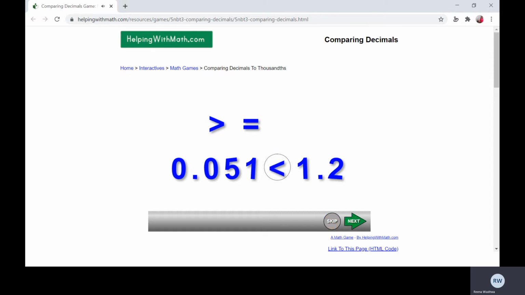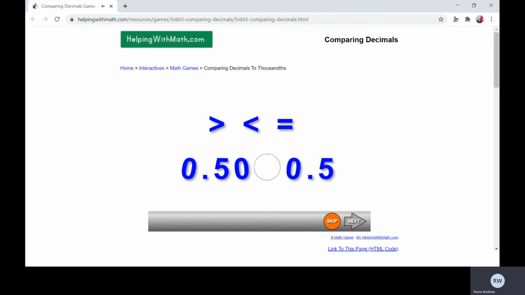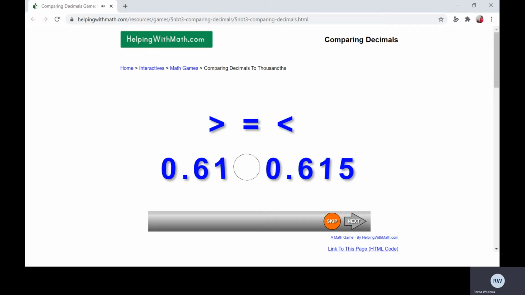So 1.2 is the greater one. Here we have 0.50 and 0.5. First we make it like 50-50. So it will be equal. Then 0.610 and 0.615. The first number will be 610 by adding 0. Then the second is 615. So 615 is the greater one.